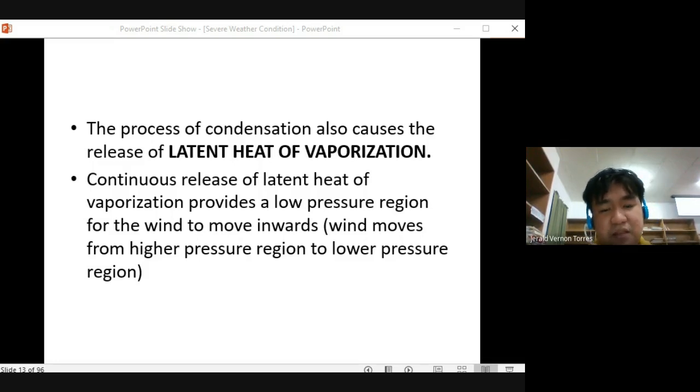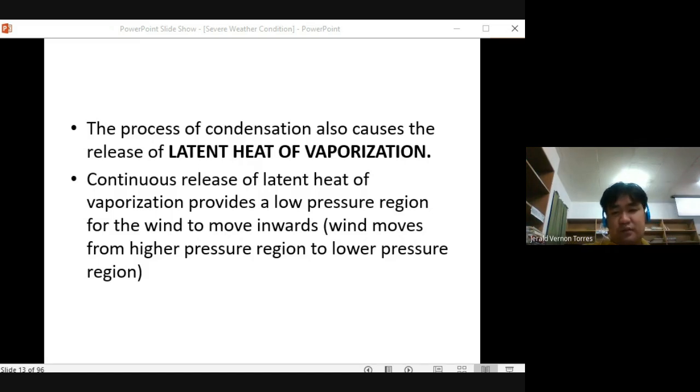So tatandaan nyo, para gumalaw ang air ninyo, dapat mag-move siya from higher pressure going to lower pressure. Ulitin ko, para mag-move yung air nyo or magkaroon tayo ng wind, kailangan mag-move siya from higher pressure going to lower pressure. Do you follow that? Grade 12?